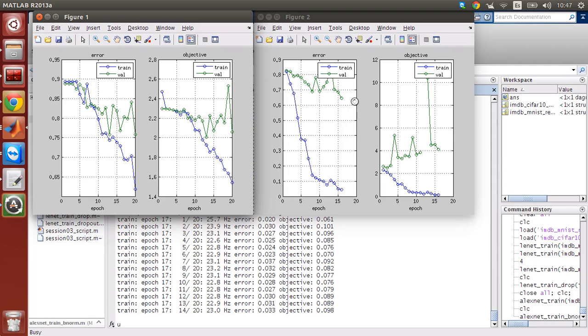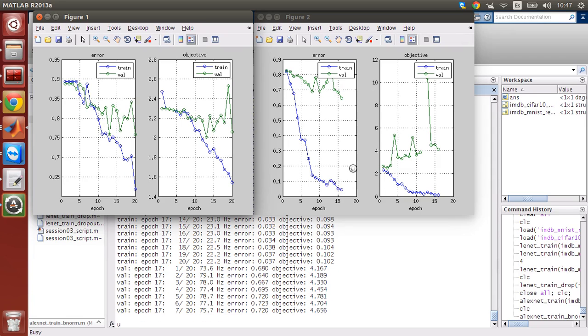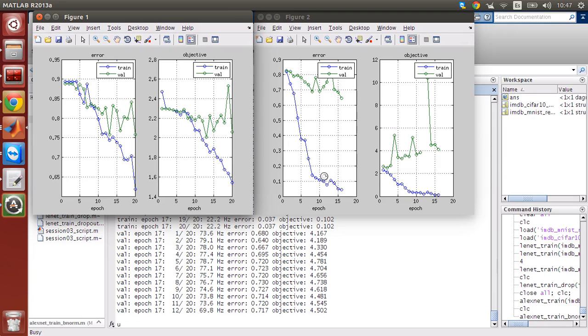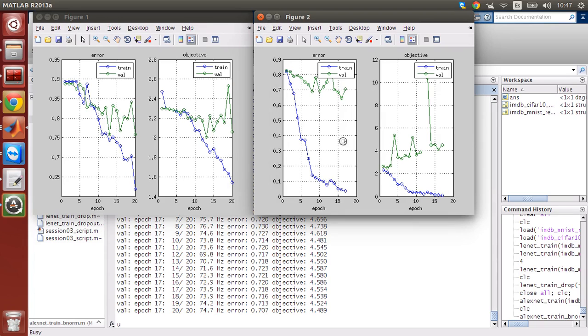The last point of the session is trying to place batch normalization before the ReLU layers, because in this experiment, if you remember, we have put them after the ReLUs. In my experience, and this has also been reported by other people, putting batch normalization after helped a lot to improve convergence.